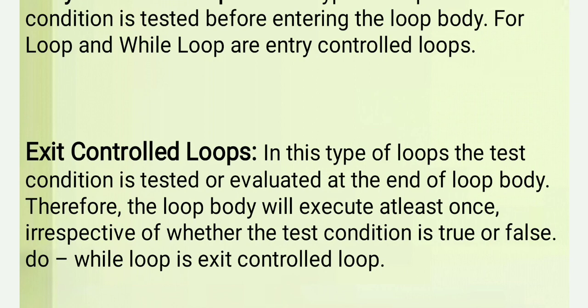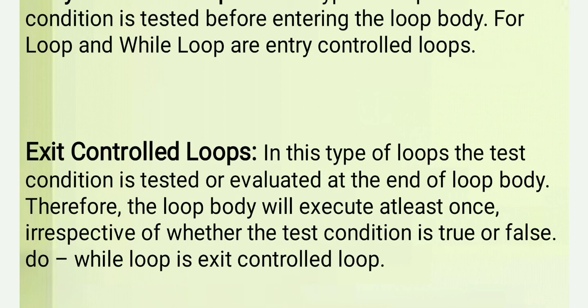In entry, if the condition fails, it will not go inside and not a single command will execute. But in exit, even if the condition is false, at least one time it will execute your loop body commands. Whether the condition is true or false, the loop body executes at least once.